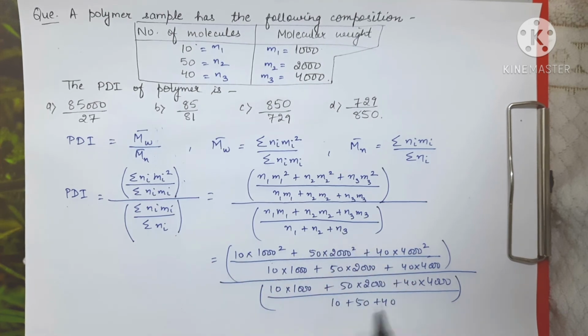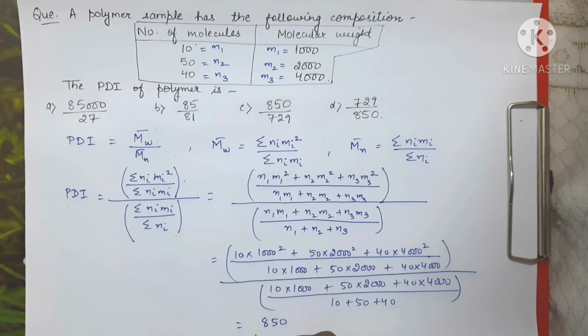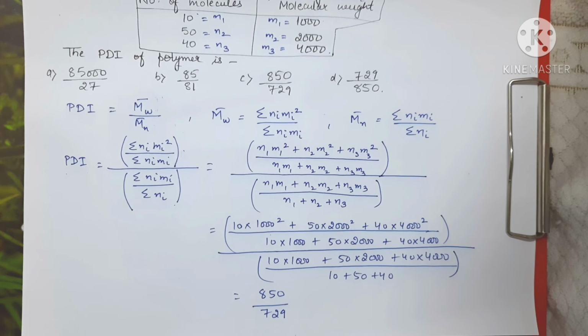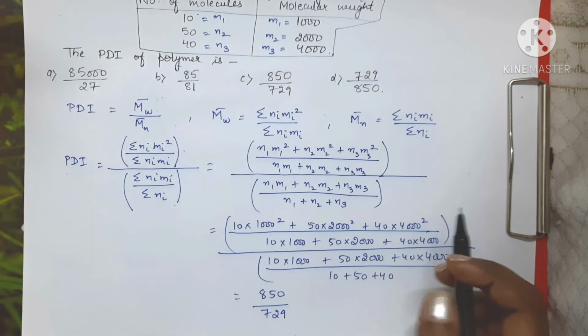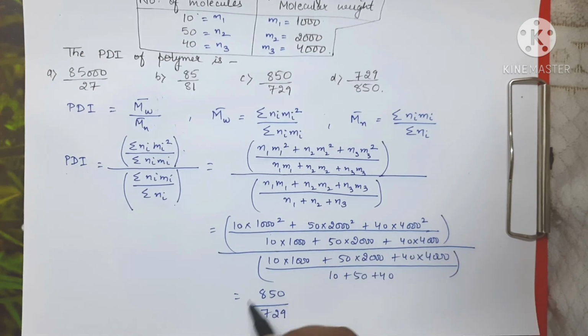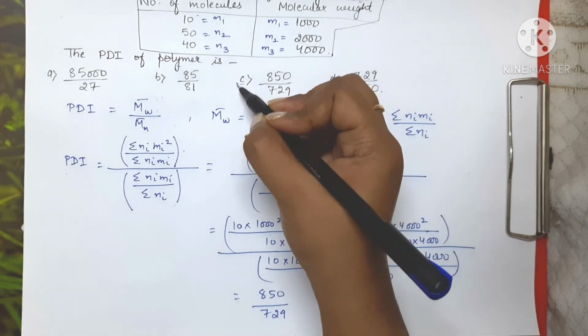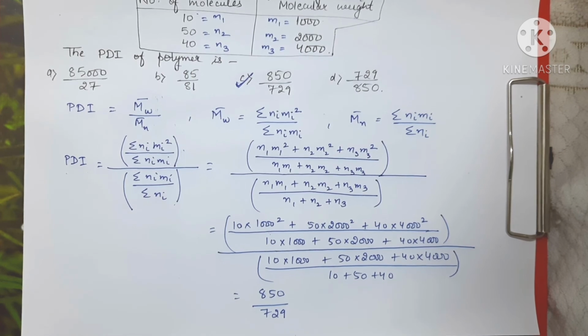So when you solve this, you are going to get 850 divided by 729. I hope you can do this calculation by yourself. After calculating, you will get the value as 850 divided by 729, which is going to match with option C. So for this question, the correct option is option C. So far we have discussed three questions, right?